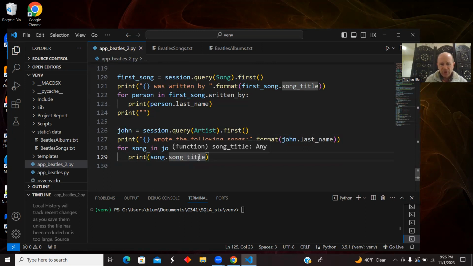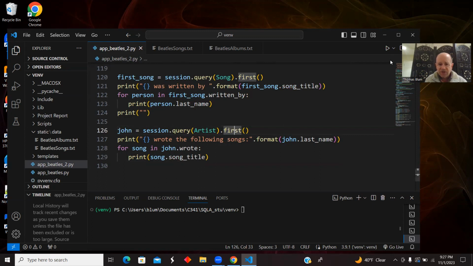But the SQL here would be John joined to the bridge table, and then the bridge table joined to song, both natural joins of foreign keys matching primary keys. And that's all sort of handled for us by us establishing the right table and then saying there was a relationship of the artist to the song through the right table.